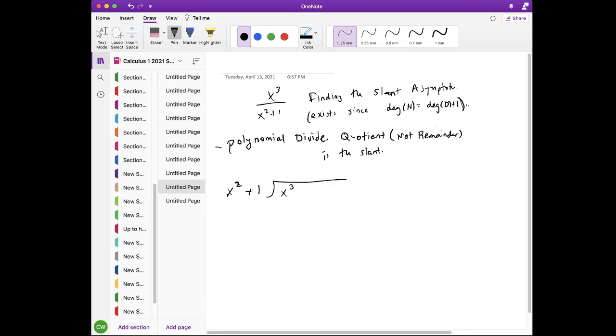How do you divide? What goes here? Yes, x. You take the highest power term, divide it into x cubed, and the result is x. And then what do you do next? So what goes here?